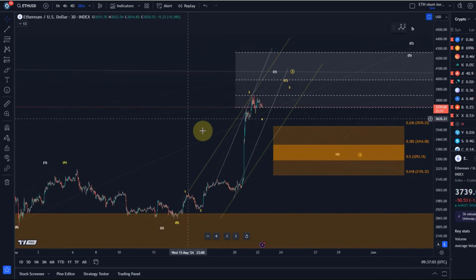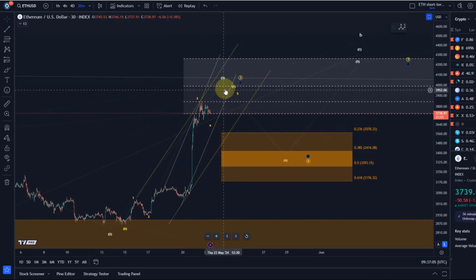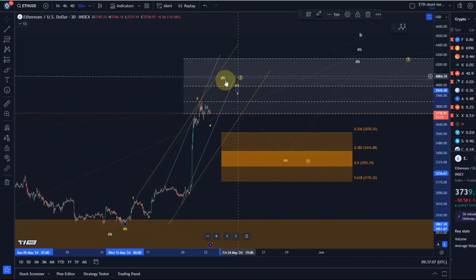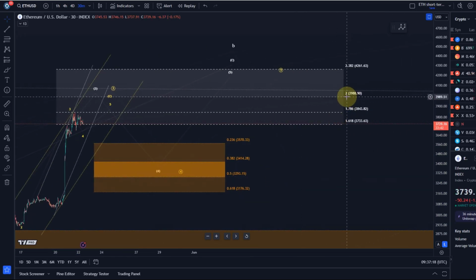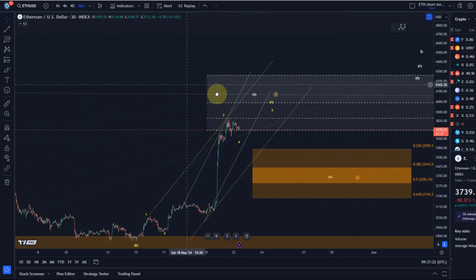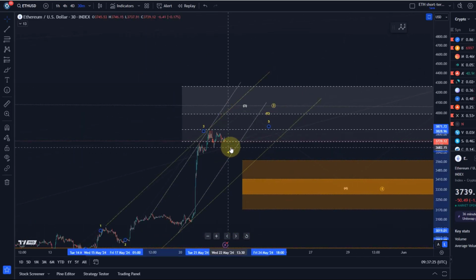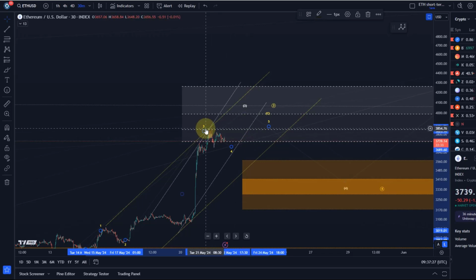Now I would actually prefer one more high here in circle wave 3 before we finish and start wave 4. If we form one more high in circle wave 3, then I will adjust the support area accordingly, and the next upside target would be around $4,000. Basically this smaller degree wave 4 could unfold like in any corrective structure against that last high, yesterday's high.